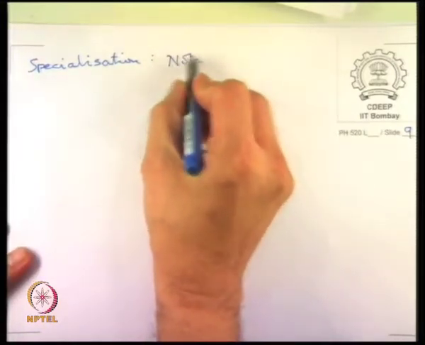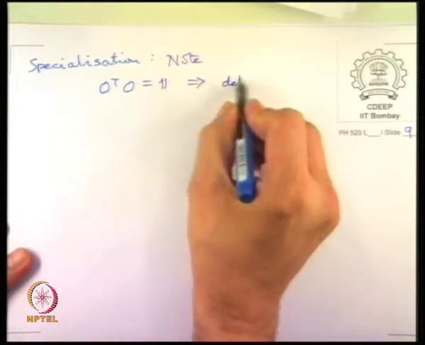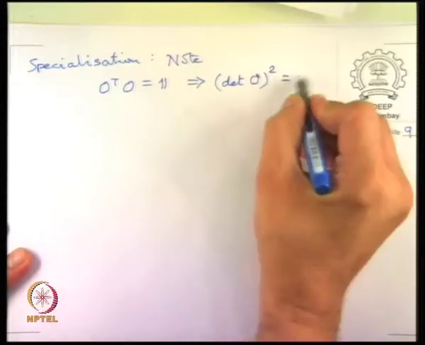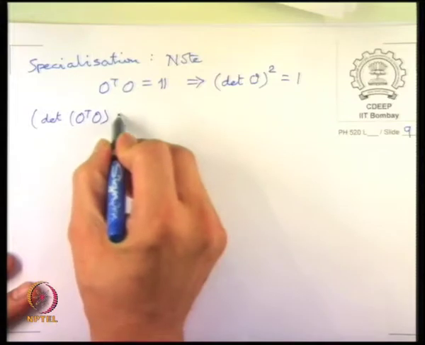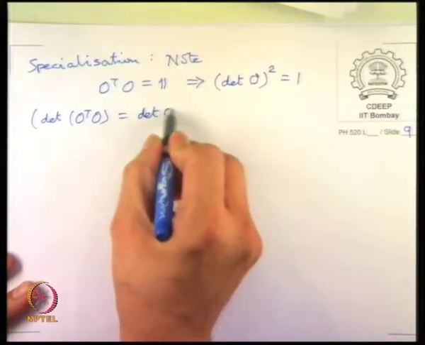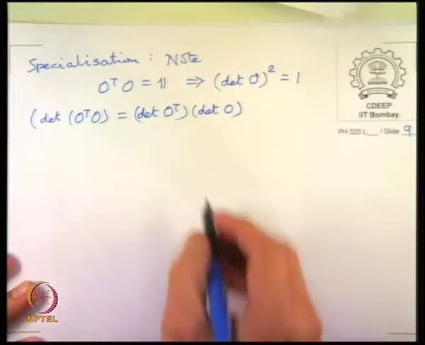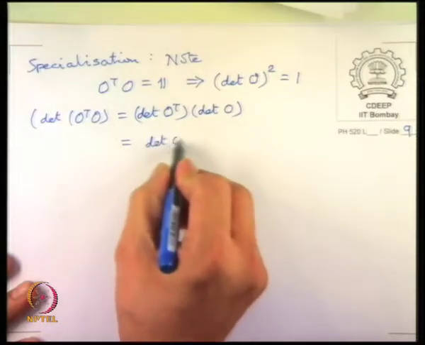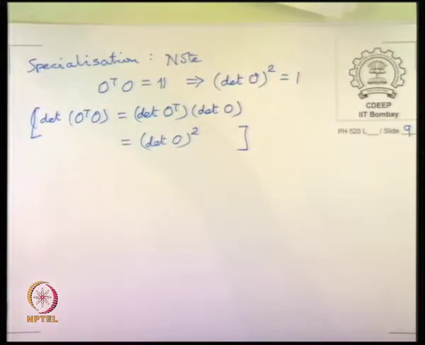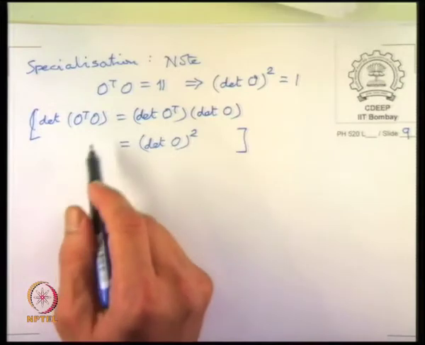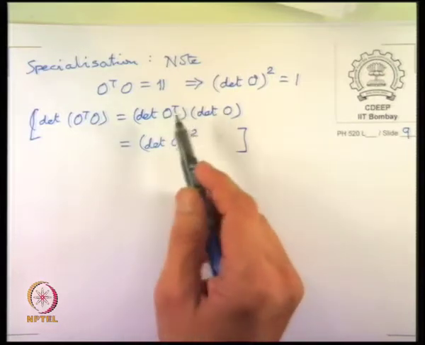Note O transpose O equal to identity implies that det O squared equals 1. Because the determinant of O transpose O, by a theorem of matrix algebra, the determinant of a product is the product of the determinants, and further the determinant of the transpose remains the same as the determinant of the original matrix.